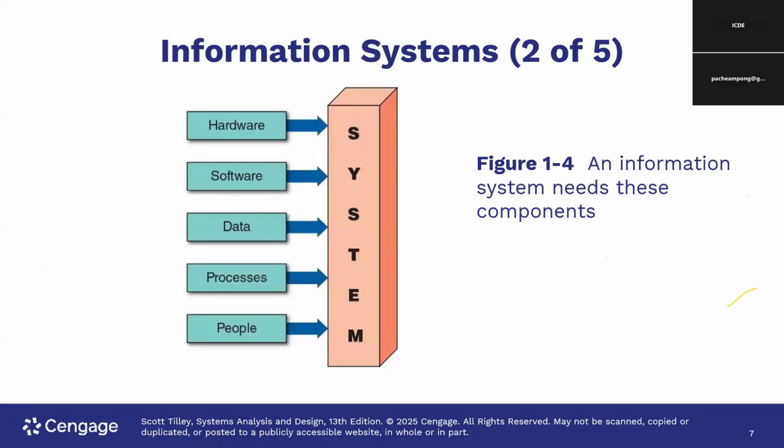An information system needs all of these in order to function. Like we already made an example with the ATM, it could be a hardware issue, a software issue, a data issue, a communication issue, and all of that.